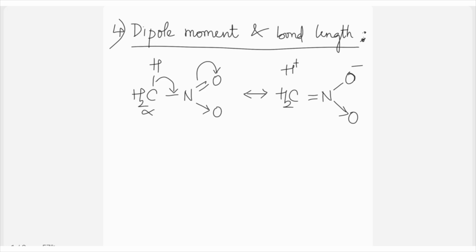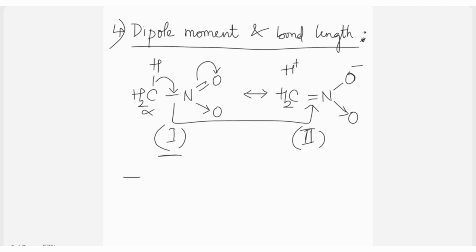So here, while we are getting the second structure from the first structure, what are we observing? Single bond is turning into double bond, then double bond is turning into single bond between nitrogen and oxygen, and the charges are developed. In the first structure there are no charges, but in the second structure there is positive and negative charge.